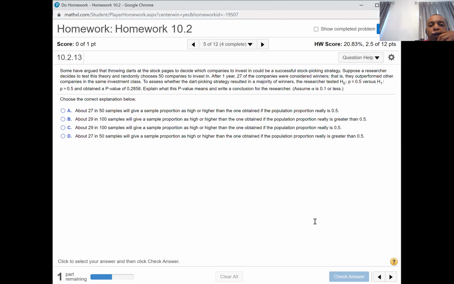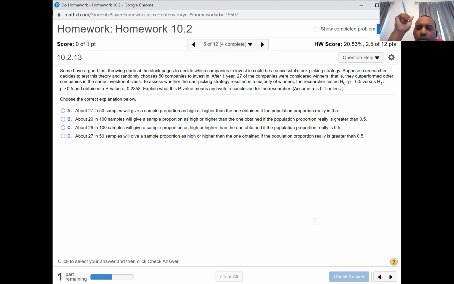All right, so number 5, some have argued that throwing darts at stock pages to decide which companies to invest in could be a successful stock picking strategy. Suppose a researcher decides to test this theory and randomly chooses 50 companies to invest in.